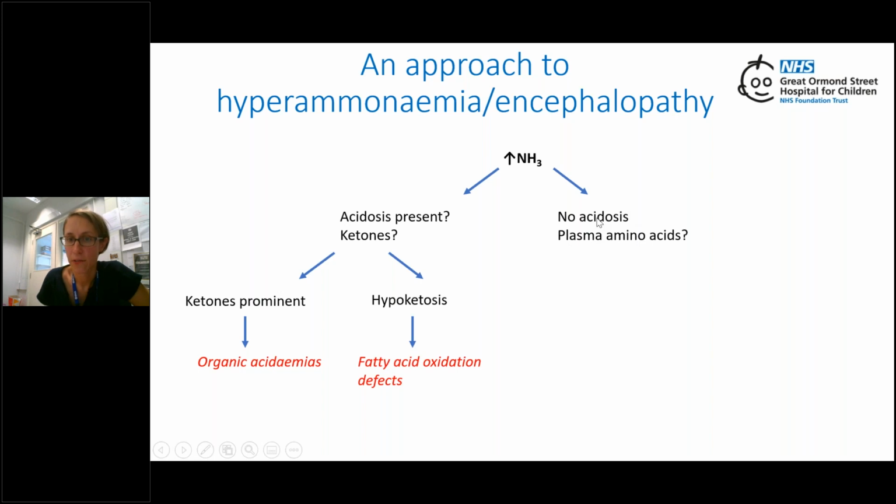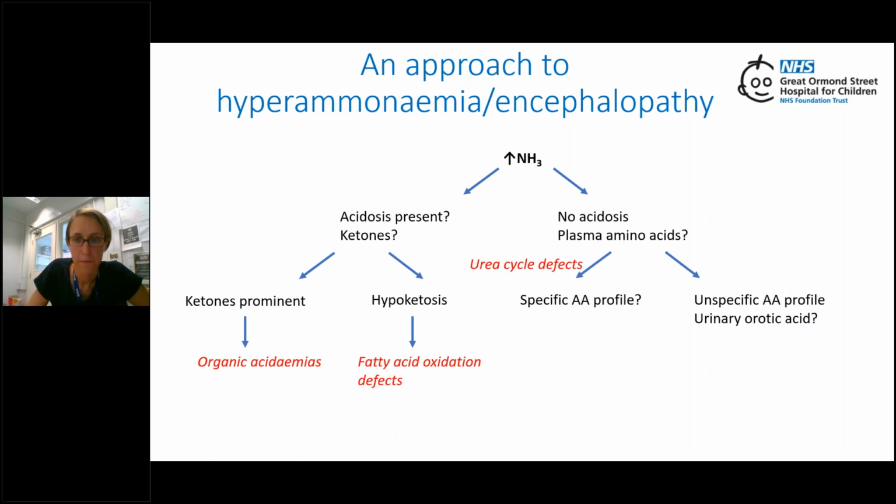If you, on the other hand, don't have a metabolic acidosis, you can then check the plasma amino acids. This is what you normally see in a urea cycle defect, and they often have a very specific amino acid profile. A specific amino acid profile is, for example, seen in citrullinemia or argininaemia.